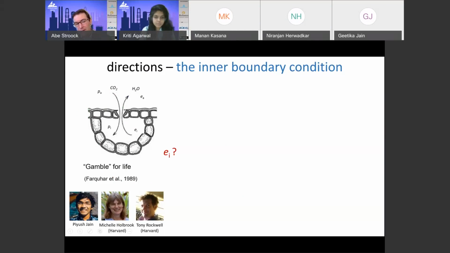Today, the thinking in biology is that everything is controlled by this valve, and that the internal surfaces of the leaf remain very near saturation. Even though the liquid stress is large, the relative humidity is very near saturation. We and others are starting to have evidence that some plants, under some conditions, allow this internal boundary condition on the vapor to go much more unsaturated.